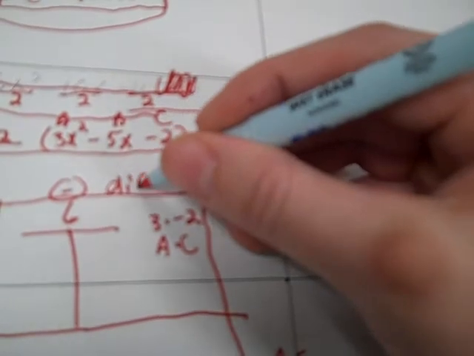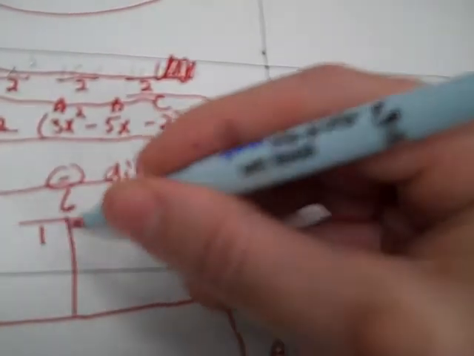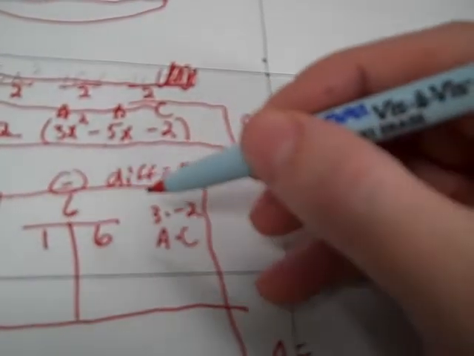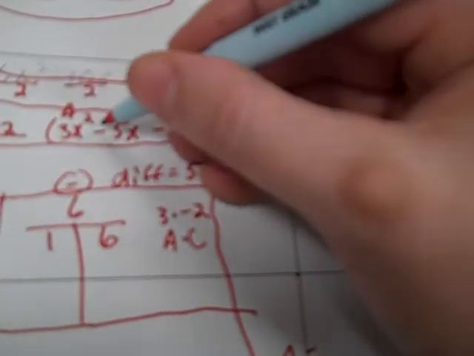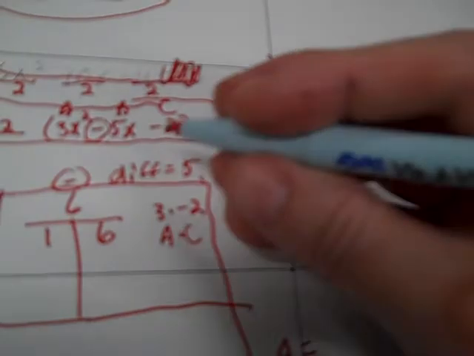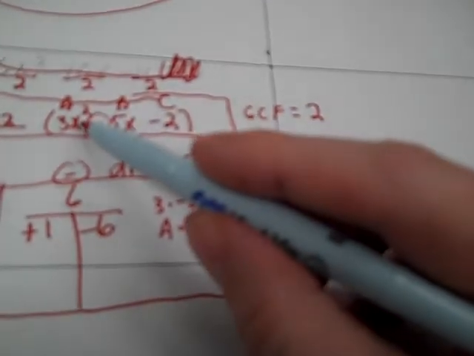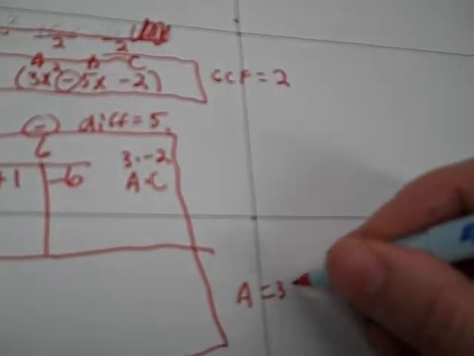We're looking for a difference that equals 5. 1, 6. Got it. Can stop there. Okay, so I've got minus 5, so you get minus 6, and it's different, so they won't match. Okay, now A is 3x squared.